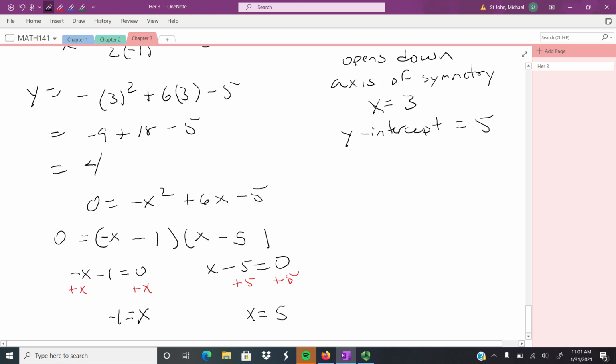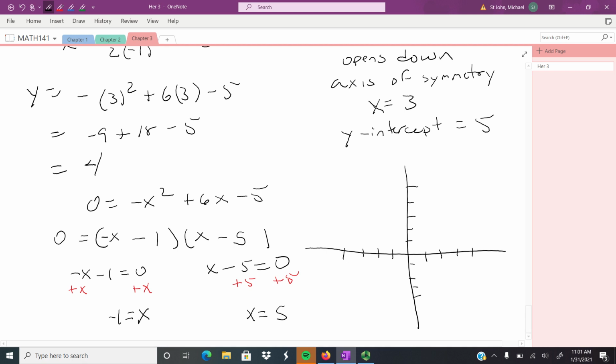All right, so we have a bunch of stuff about my parabola. Let's see if we can come up with a graph. Let's start plotting some of the stuff we know.